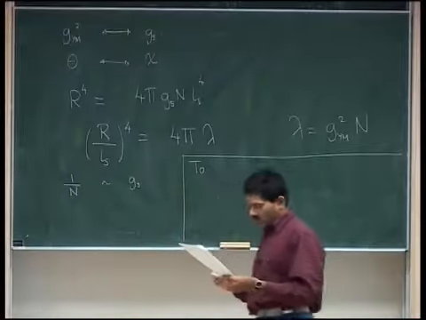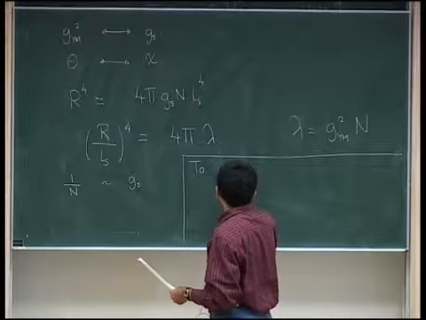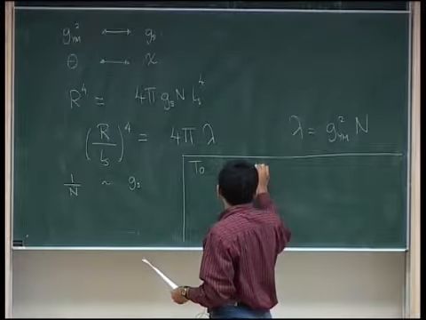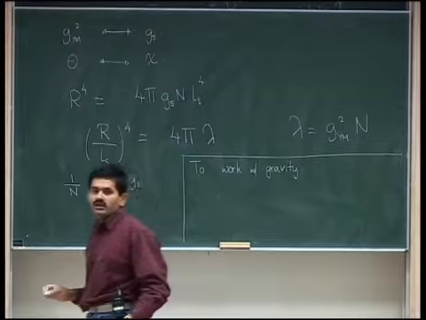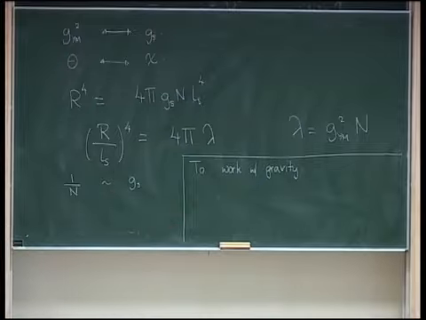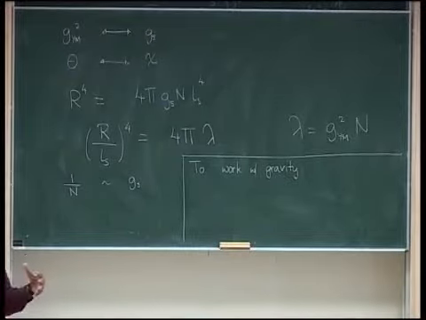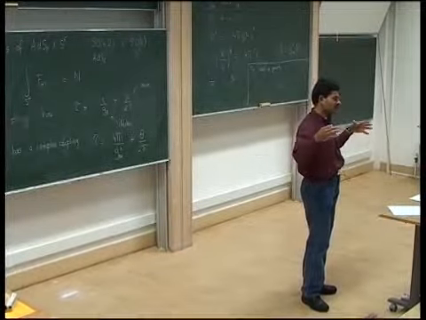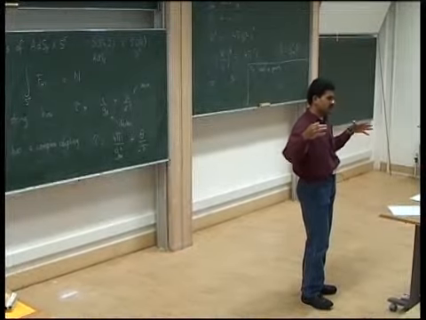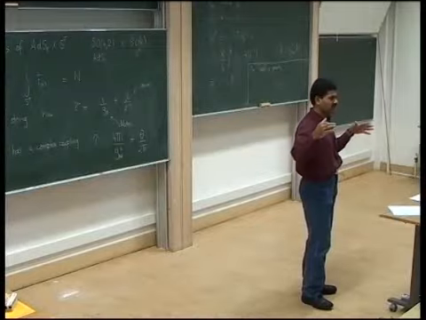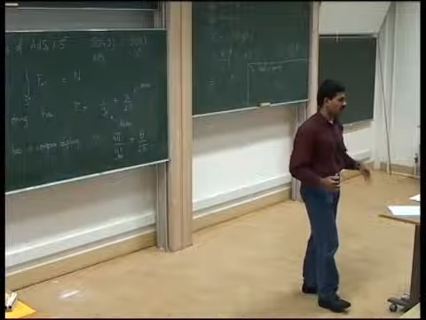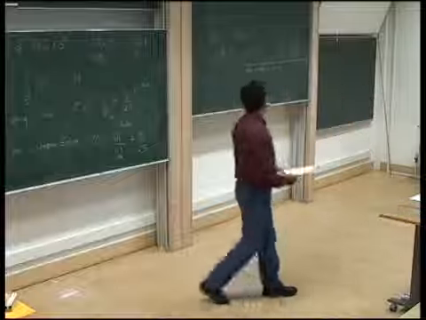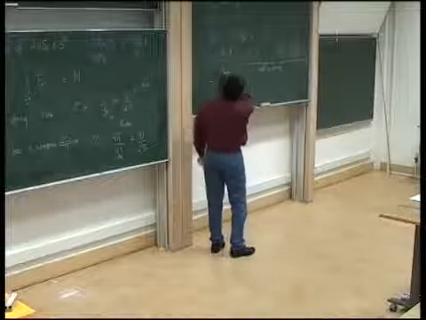Okay, so in order to be able to work with the gravitational description, I need curvature scales to be large compared to string scale and Planck scale. Okay, so if my curvature scales in my spacetime are getting to the order of the string or Planck scale, then I should no longer be talking about gravity, but rather about string theory and including quantum gravity corrections. And it's clear from here what I need.